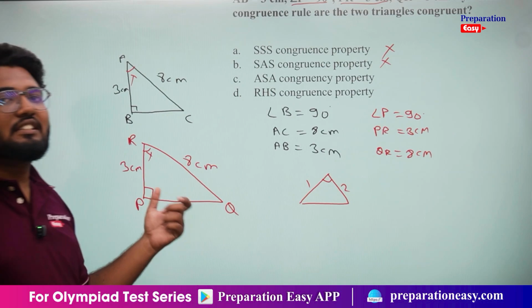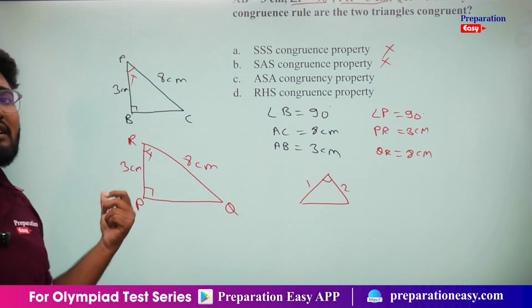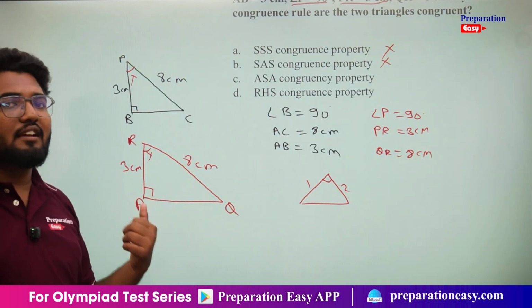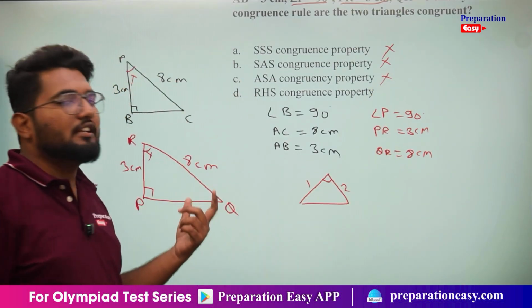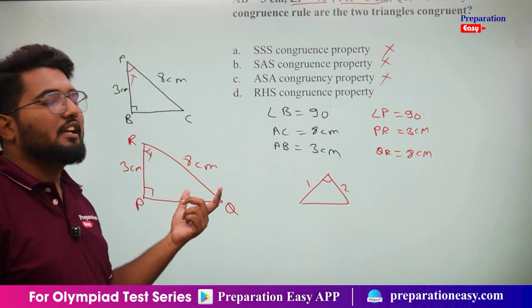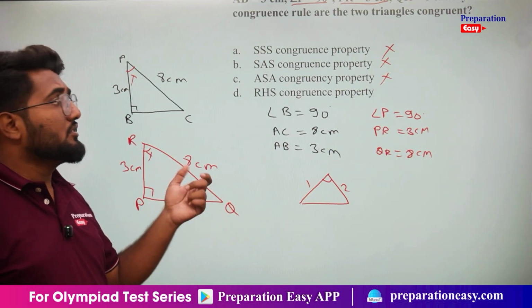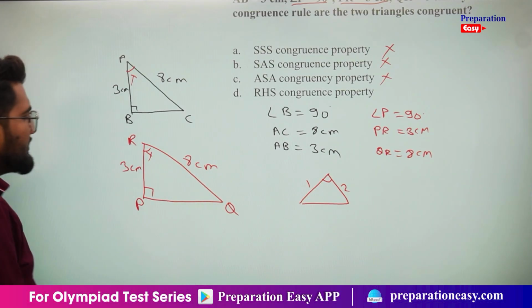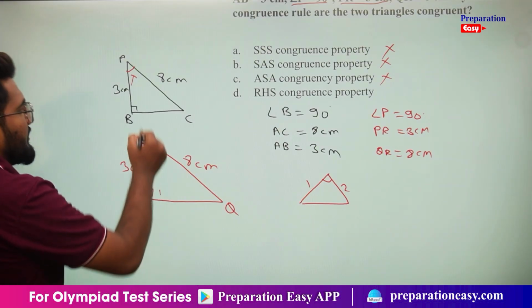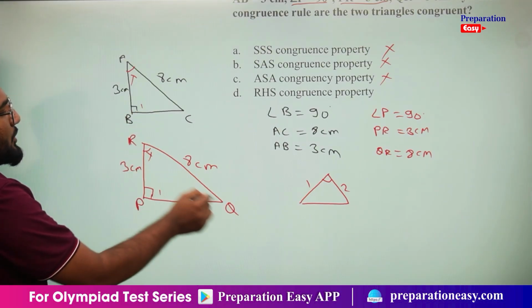Then third is angle side angle. Are two angles given here? No, only one angle is given, so third will also be false. Then what is the last one? RHS. RHS stands for right angle, hypotenuse and side. Right angle is there? Yes, there is one right angle in both. Is hypotenuse equal?